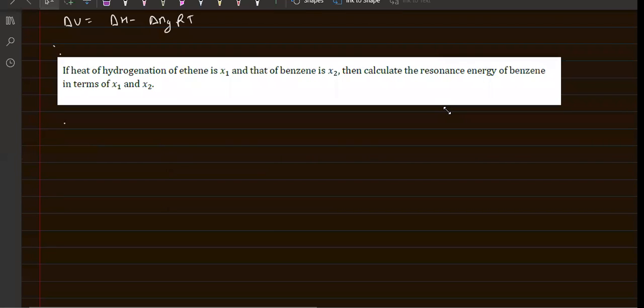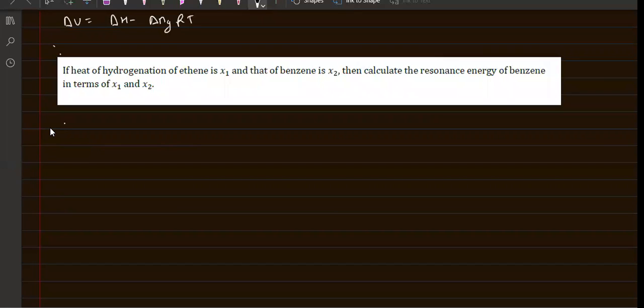Got it, everyone? So question number 8. The heat of addition of ethene is X1 and that of benzene is X2. Calculate, okay, you have to calculate the resonance energy, right?